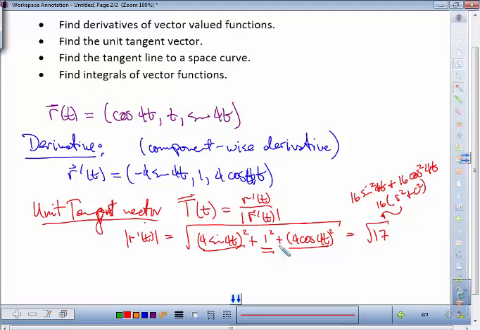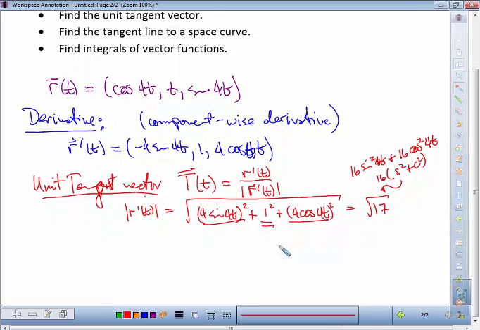So again, the helix has this special property where the magnitude of the derivative is constant. That means as you're going around the helix, the speed doesn't change. That might have consequences later on that's important for us to take advantage of when we're studying other things.